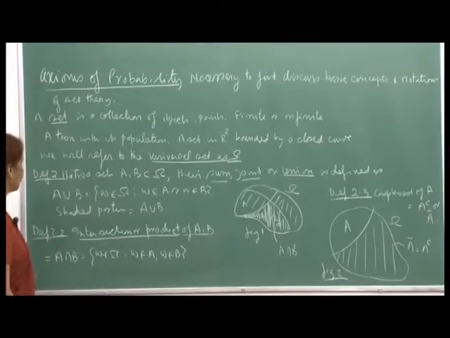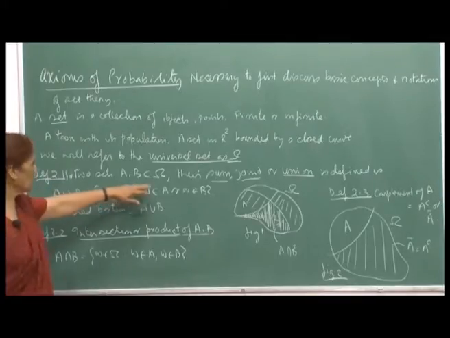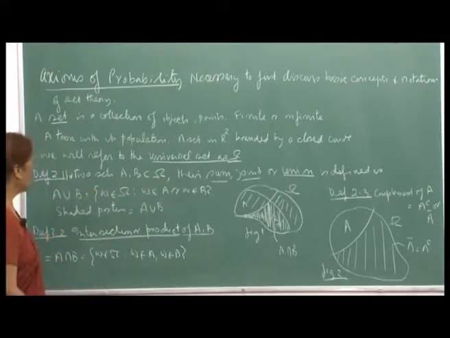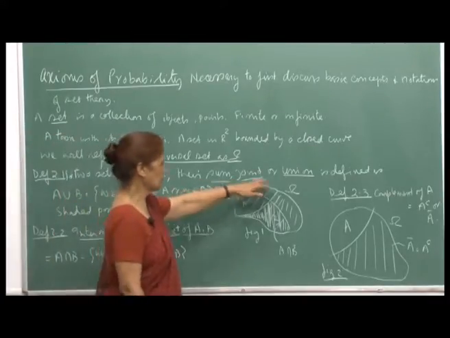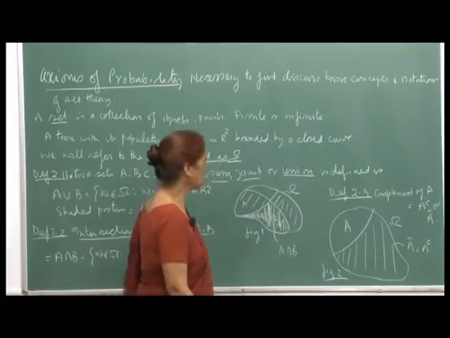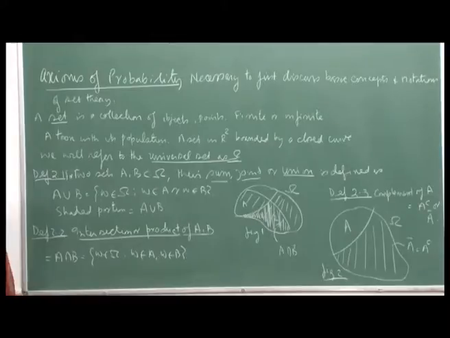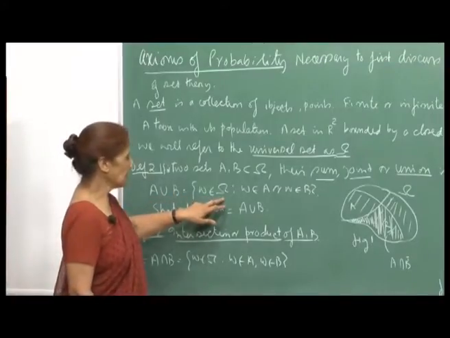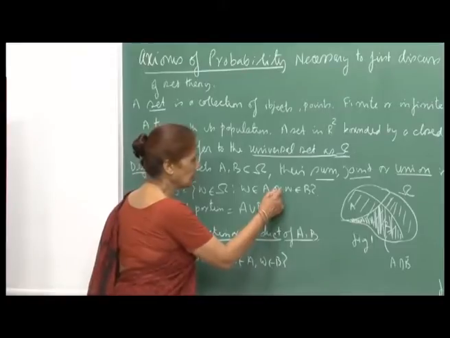Now, definition 2.1: for two sets A and B, subsets of omega, that means contained in omega, we define sum, joint or union, referred to by different names. Basically the union of two subsets A, B is defined as A union B, which is equal to all elements omega of Omega such that omega belongs to A or omega belongs to B.